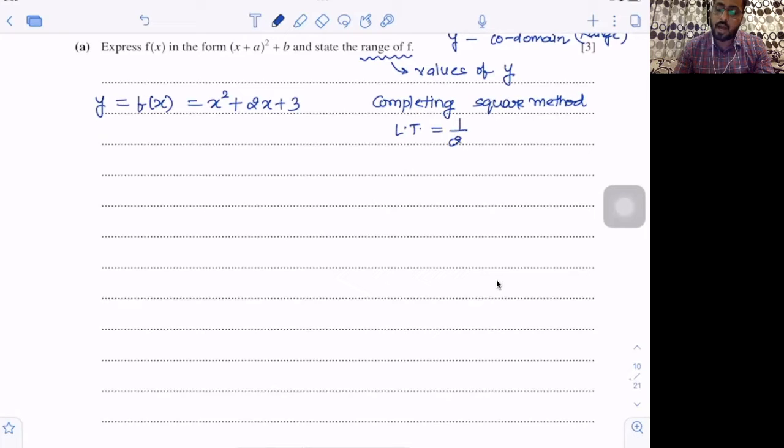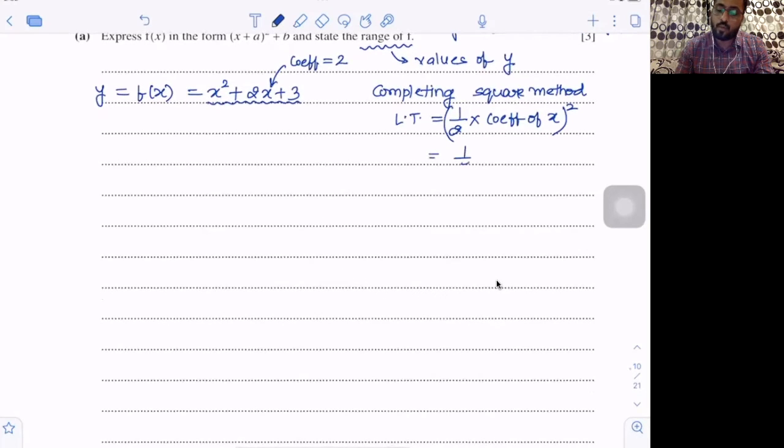It is given by half into the coefficient of x, the whole square. So in this expression, you can observe that the coefficient of x is 2. So I get 1 upon 2 multiplied with 2, the whole square, which simply comes out to be 1. So your new last term is 1.